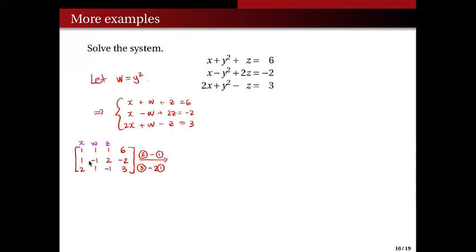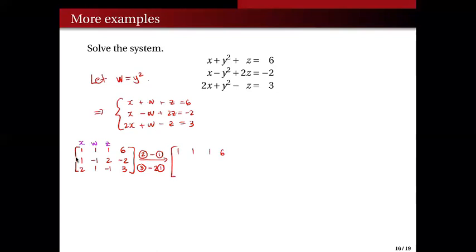We are replacing row 2 with another row and row 3 with another row by doing these operations. So we are not changing row 1, we'll just copy 1, 1, 1, 6.